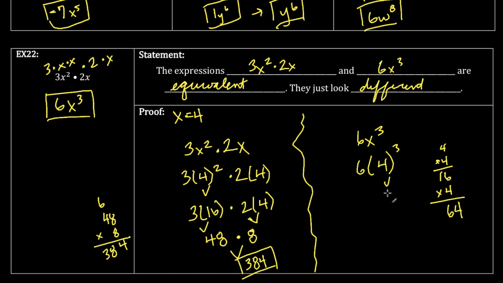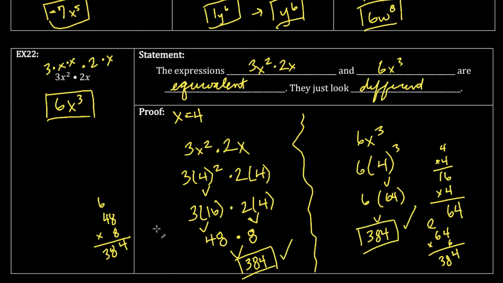So we get 64 times 6. 6 times 4 is 24. 6 times 6 is 36. Plus 2 is 38. So we end up with 384. These are in fact equivalent. Okay, thank you.